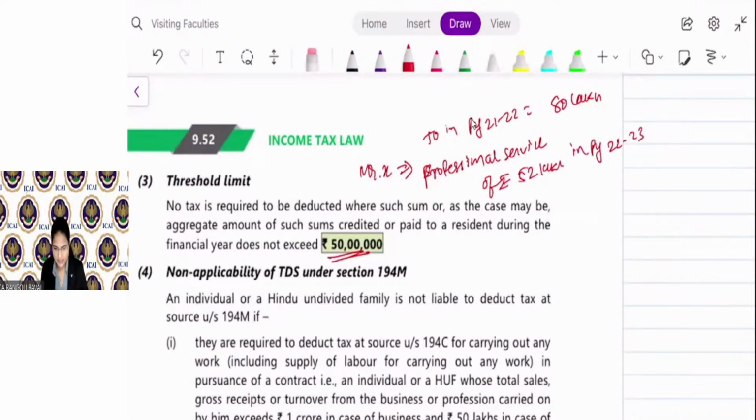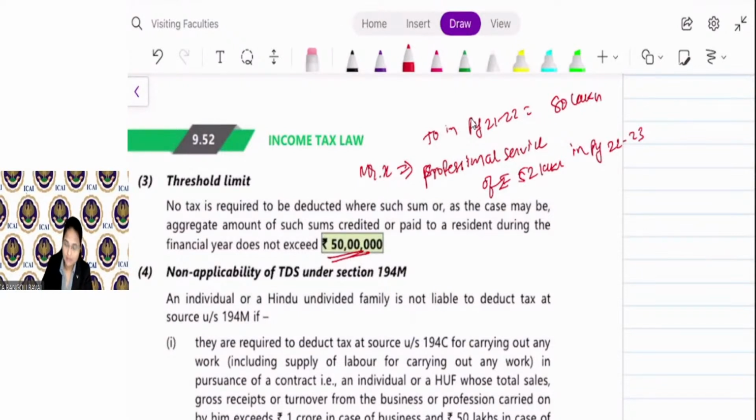Discuss the TDS implications. So here, my dear friend, Mr. X is not required to deduct TDS under section 194J. Why? Because last year his turnover is less than 50 lakh. So he is required to deduct TDS under section 194M if the value of service is more than 50 lakh. Here the value of service is 52 lakh. So Mr. X is required to deduct TDS on 52 lakh at the rate of 5%.